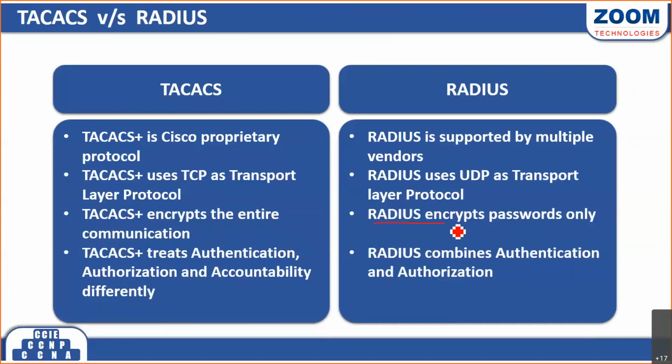If it's RADIUS, it encrypts passwords only. And TACACS treats authentication, authorization and accounting separately. Three different actions can be done separately. RADIUS combines authentication and authorization. So this is a major difference between TACACS and RADIUS.